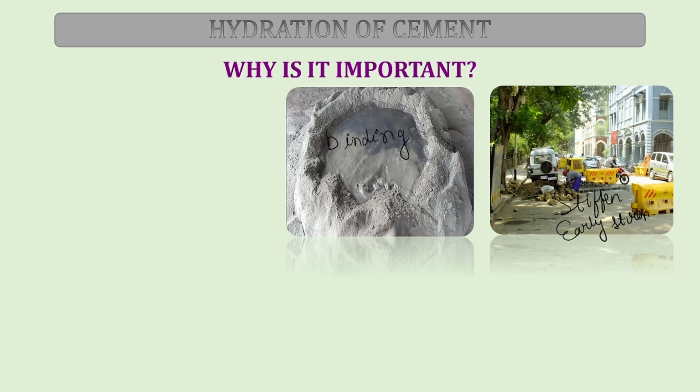For this, we have to see that the chemical composition should be such that hydration products are formed early. So, in order to achieve that, we must make an effort to ensure that the compounds that react more quickly than the others are present in a definite amount.